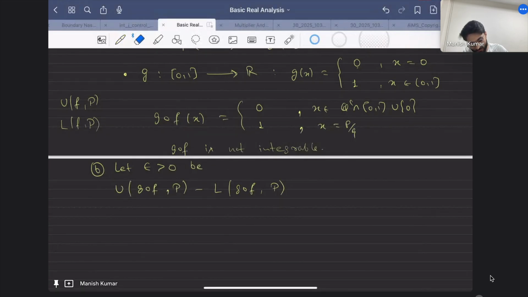Sir, for that the integral should be zero, no? For which? Sir, if the integral of a function is zero and it is continuous, then the function has to be 0 if it is non-negative. Yes, sir. Okay, are you talking about g?